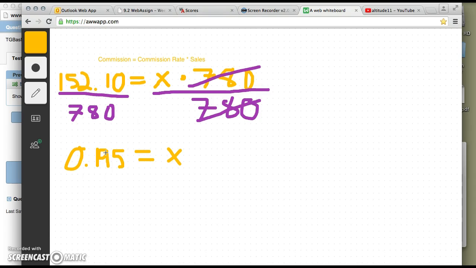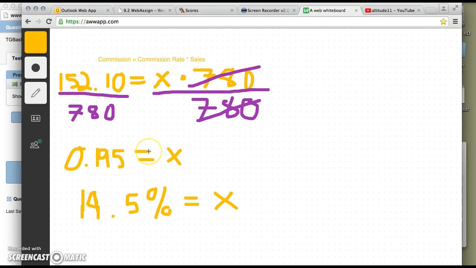In order to find the percent, you need to multiply this number by 100 or move the decimal place 2 spots to the right. So we end up with 19.5%. That's going to be equal to x. That is our commission rate, 19.5%.